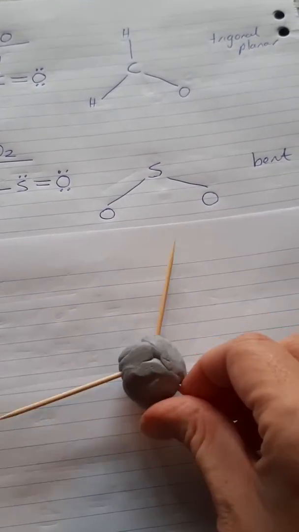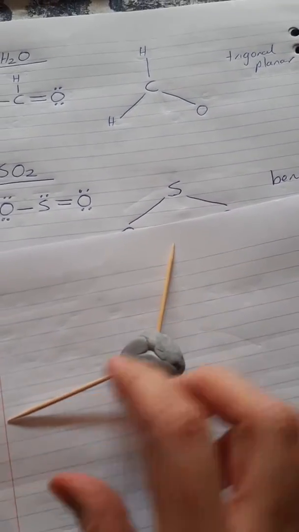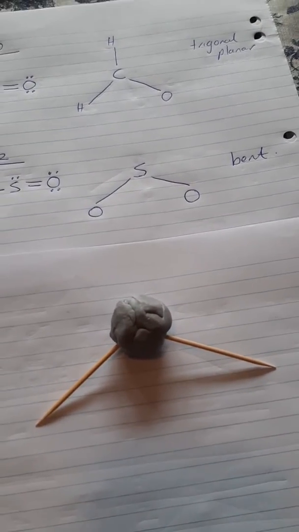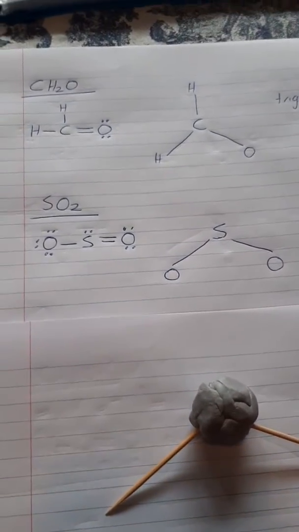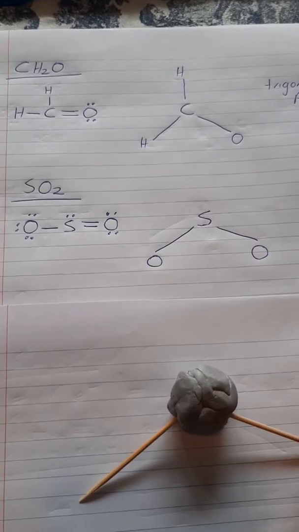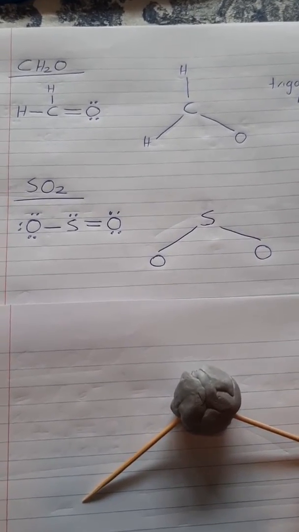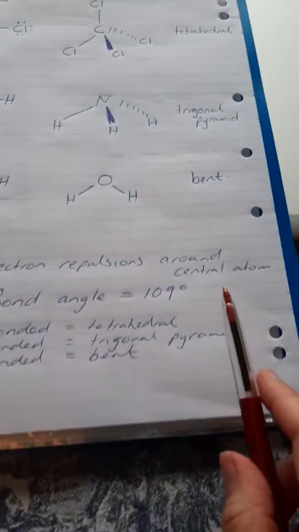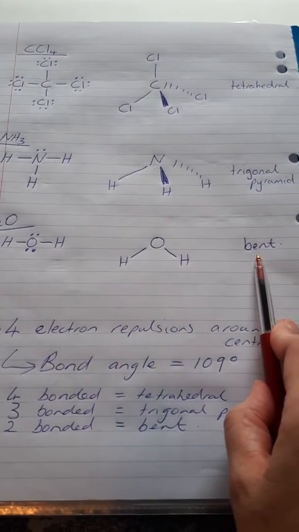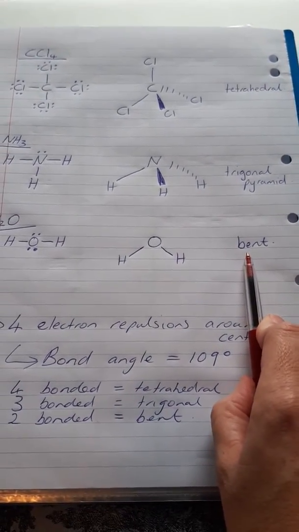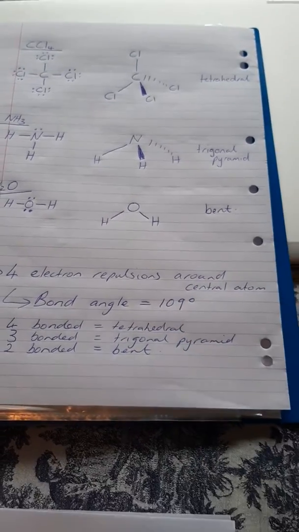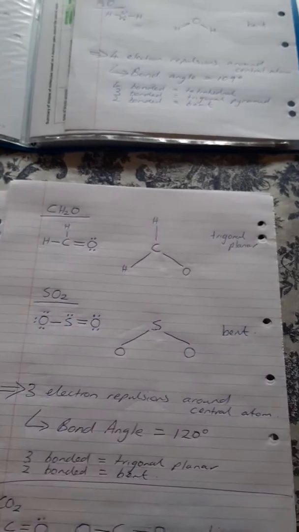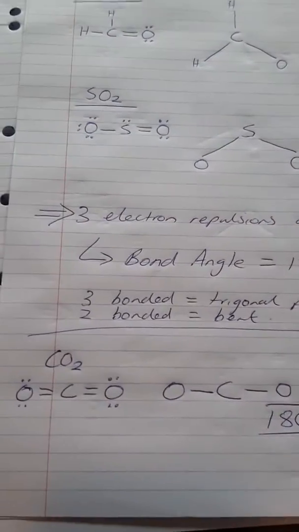So if I grab this and just take one out, then I have my lovely bent shape once again. But it is handy to note that this bent shape is based on a 120 degree bond angle, whereas this bent shape with water was based on a bond angle of 109 degrees. NZQA love to ask those types of questions.